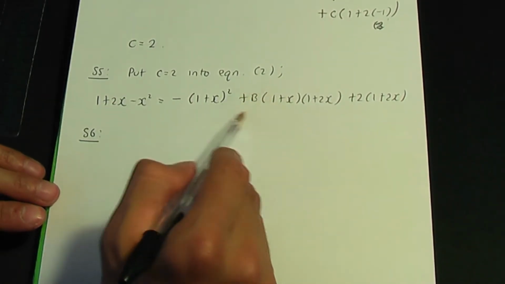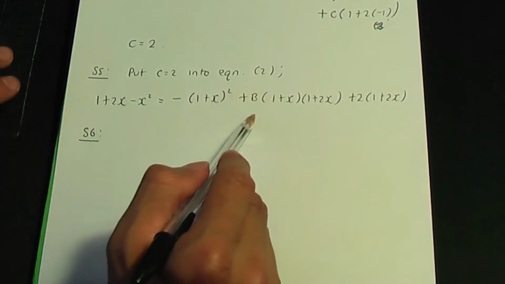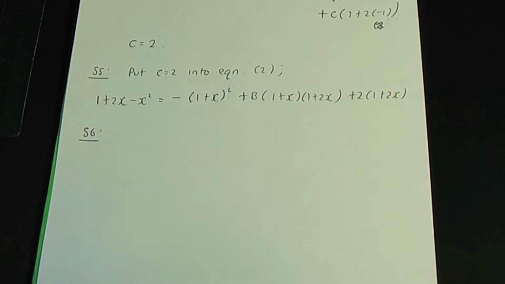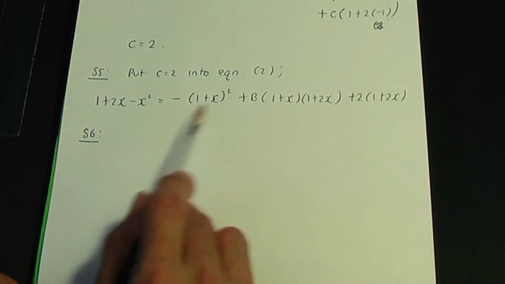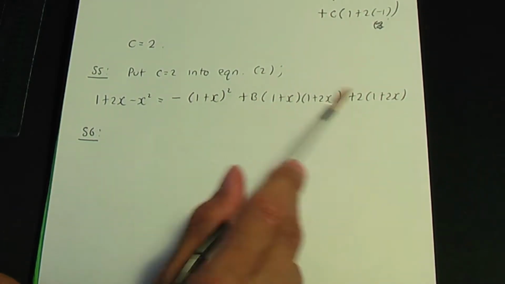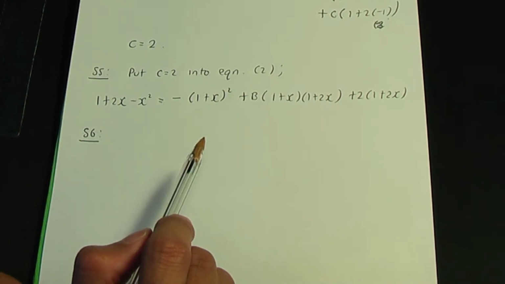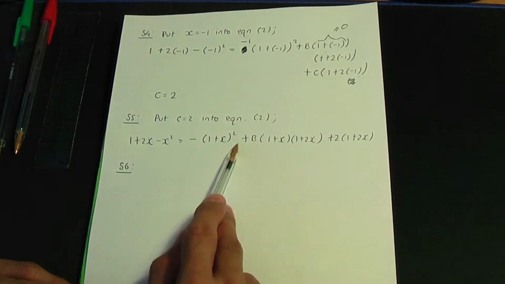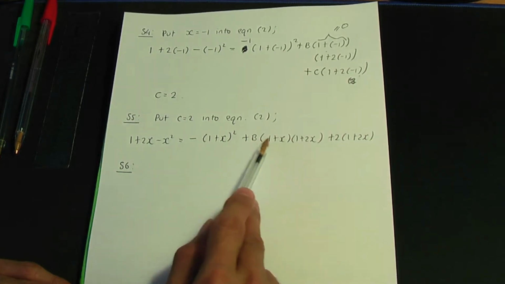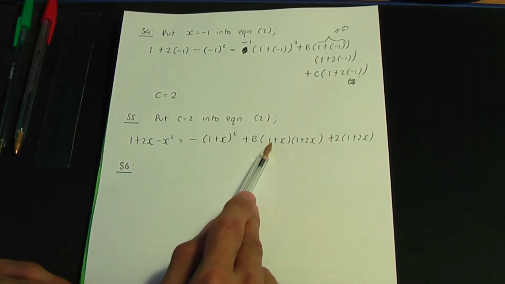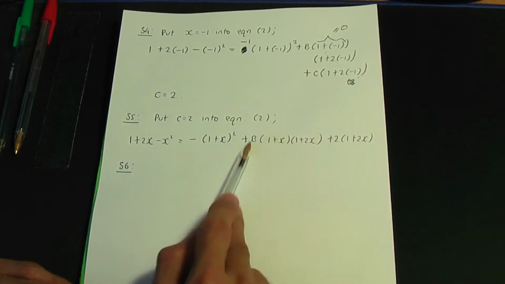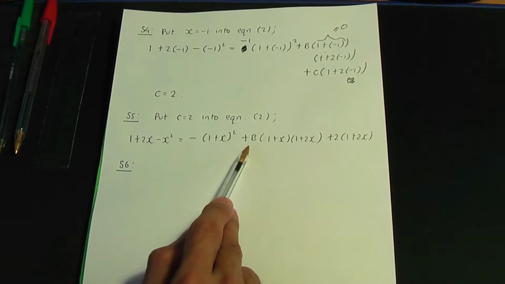To work out the final constant, remember, as I've said in the previous videos, you can choose any value of x except the ones that you've used. The ones that you used are minus 1, so don't try minus 1, because that eliminates the b term, as 1 minus 1 is 0, so that is pointless.